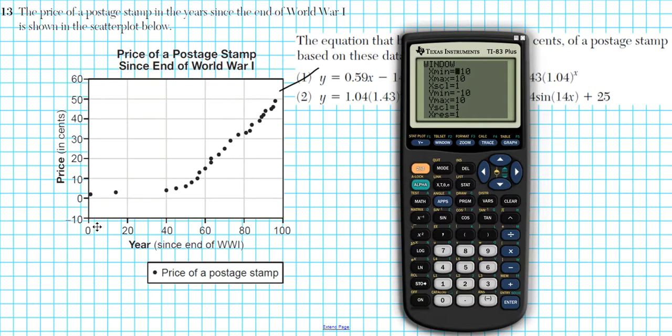Okay, so for x, we're going from 0 to 100. So the minimum x is 0, the maximum x is 100. Enter. And then for our range, what's the span of the y? Y goes from negative 10 all the way to 60. Okay, so we're altering our window to match this window exactly so we can make a better conclusion.